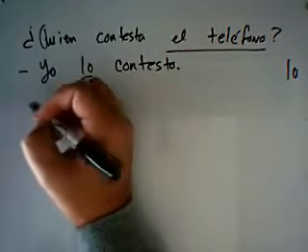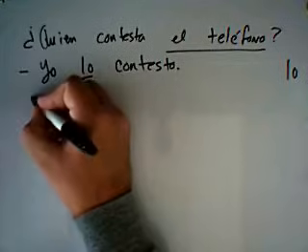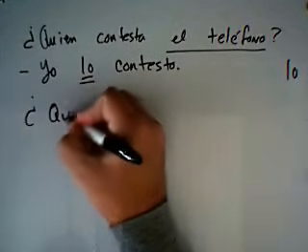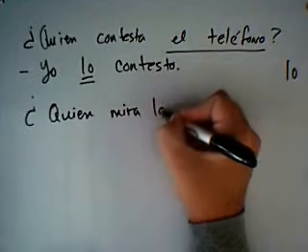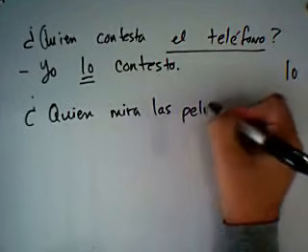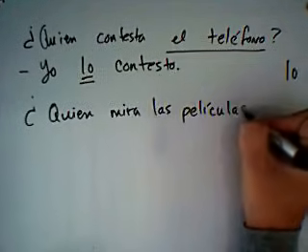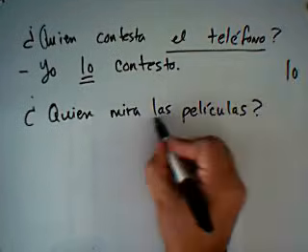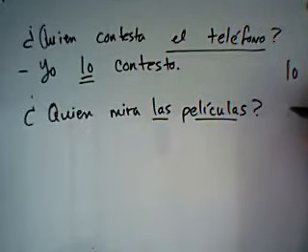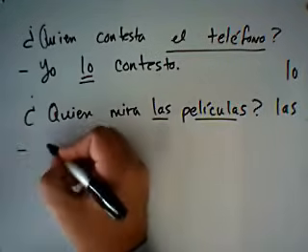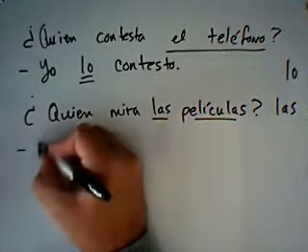If I wanted to say, for example, answer the question, ¿quién mira las películas? ¿Quién mira las películas? Well, notice now we have something that's plural and feminine, okay, our direct object pronoun is going to be las. Okay, and an answer might be, we are watching them.